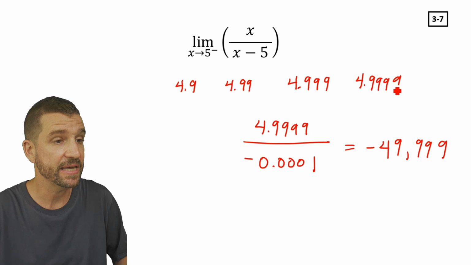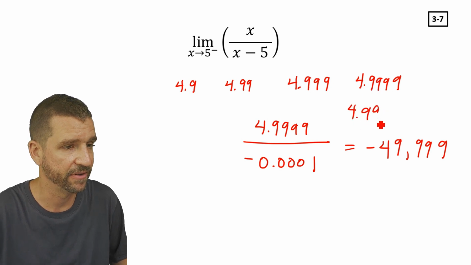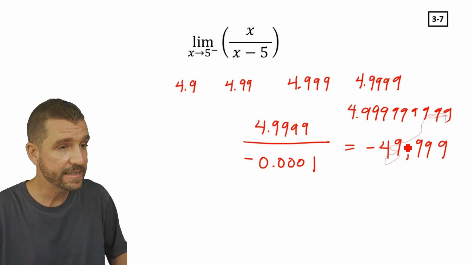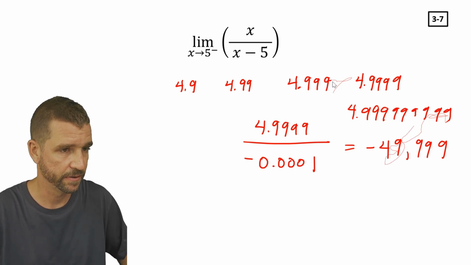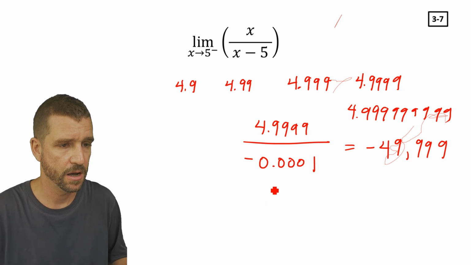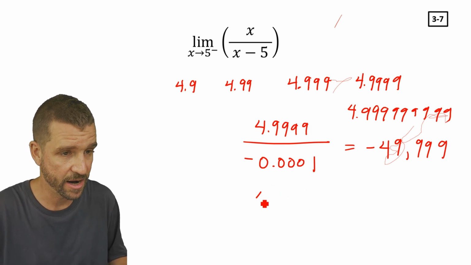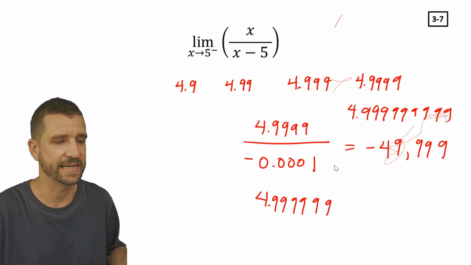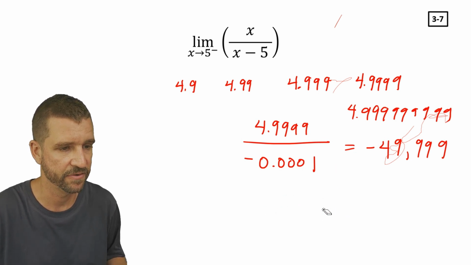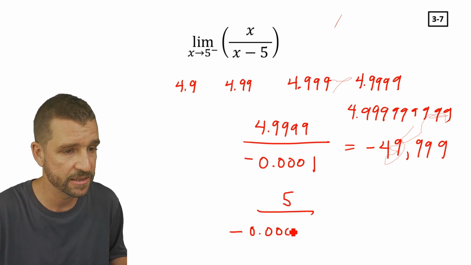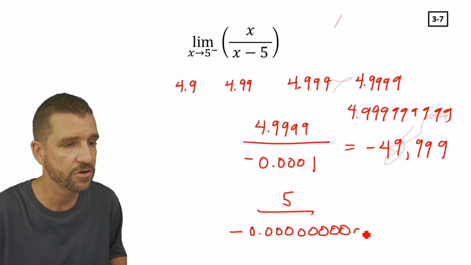And if I do something even more, like imagine I have 20 nines here. Sorry, I clicked a button, hope that stops. When I plug that in, you're going to have this huge number, which is pretty much just 5. So let's make this easier and just make this 5, so I'm not writing so much. So 5 divided by a negative 0.0, and imagine all these zeros.